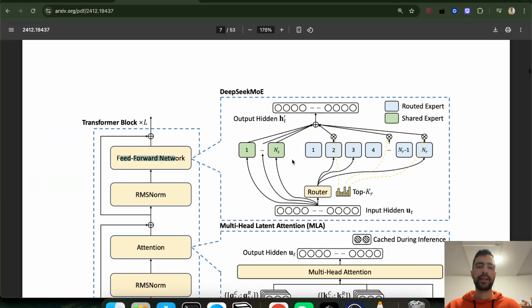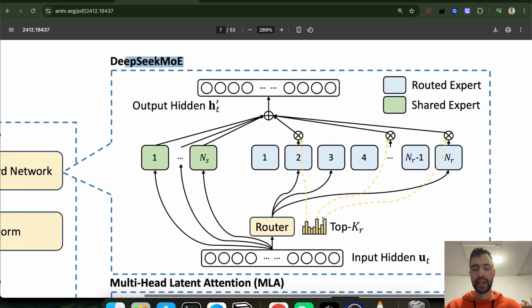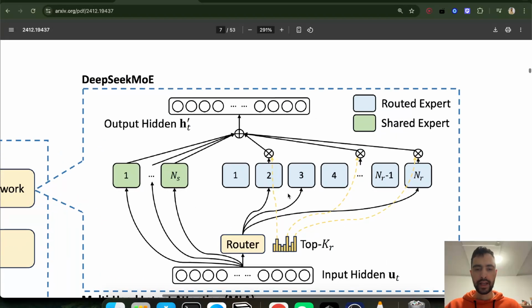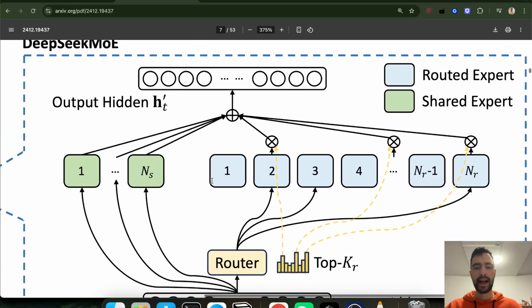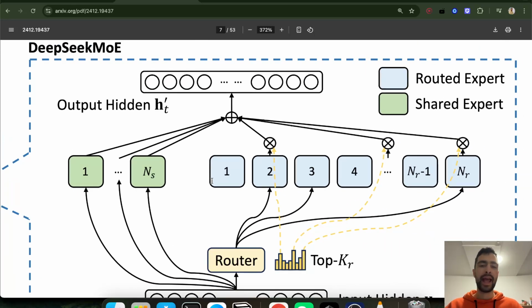So how does a DeepSeek mixture of experts work? Here we have this input embedding, and we have shared experts and routed or selected experts. Each of these squares is a neural network, and it specializes in certain things.